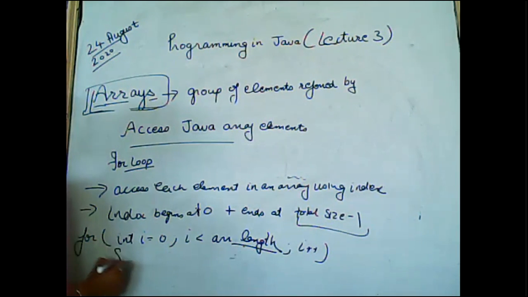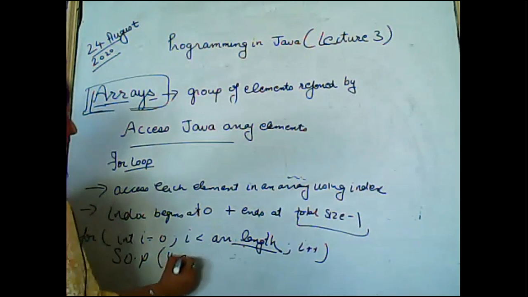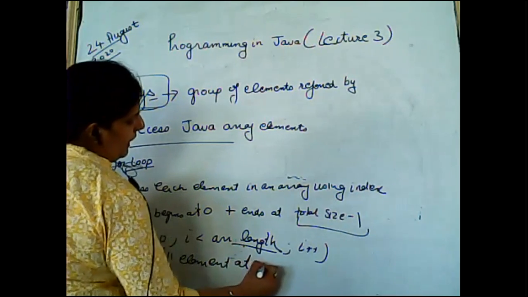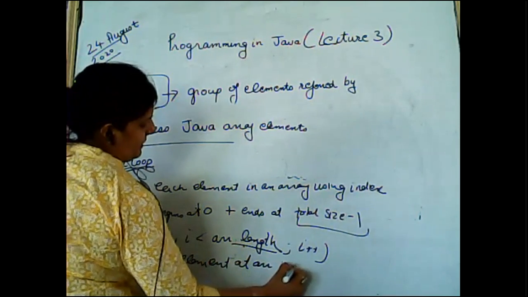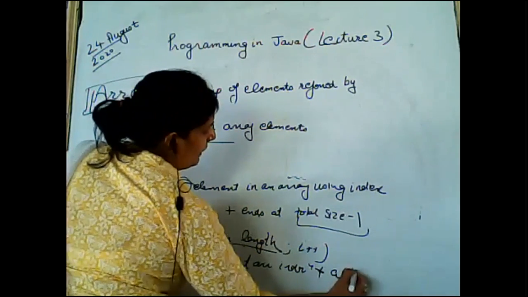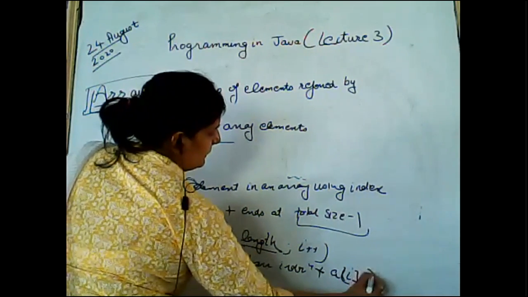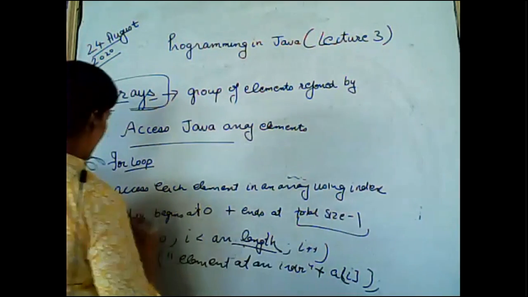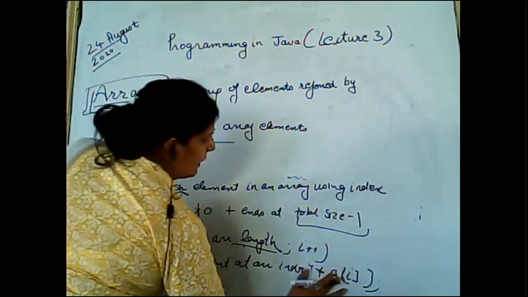So how can we bring that: System.out.print the element at the array's particular index. How can we define that? a[i], where my array name was a.